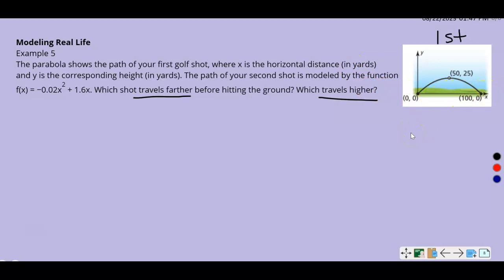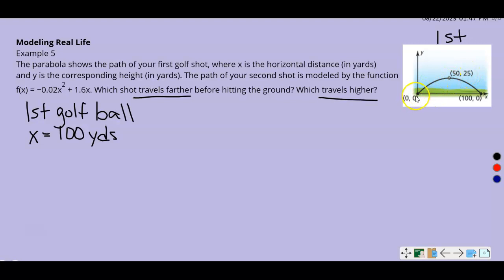So the first golf ball travels x is 100 yards. All right, we can also see that 50, 25 is a point on the graph.